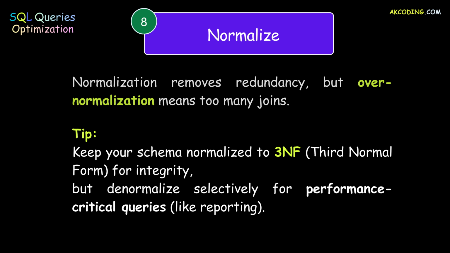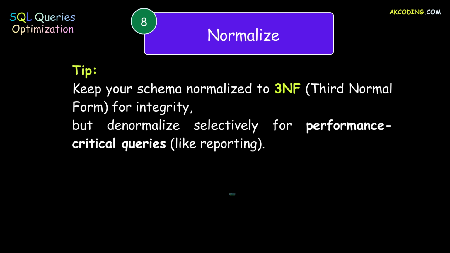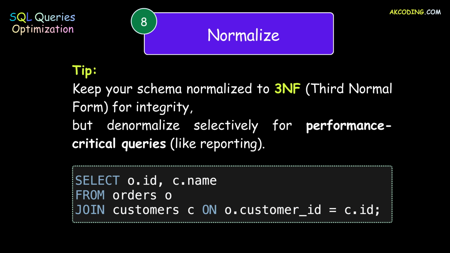For example, instead of joining everything with SELECT o.id, c.name FROM orders o JOIN customer c ON o.customer_id = c.id, you can store customer_name in the orders table for faster reads if it rarely changes.